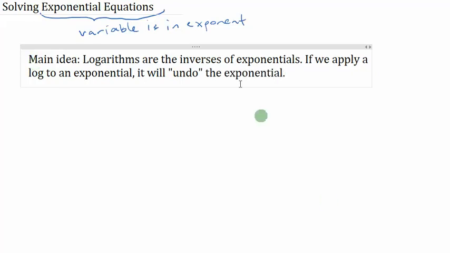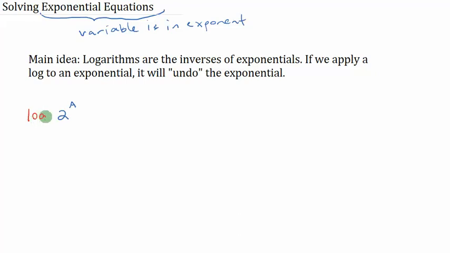So, if I remind you, if I've got something like 2 to the a power, well, if I apply a log base 2 to that, then what happens is my log base 2 and my exponential in base 2 cancel, leaving behind the answer of just a.